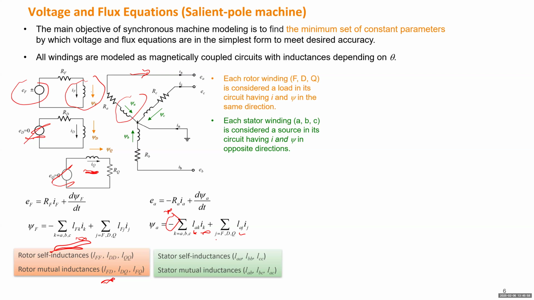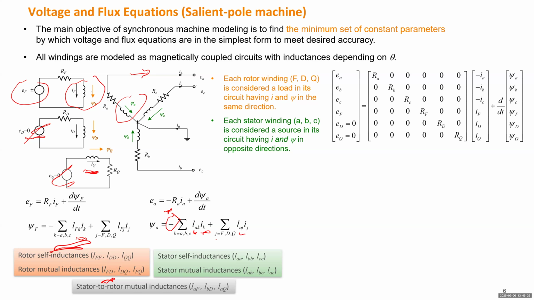Like LAA means the self-inductance of winding A. LAB means the mutual inductance between winding A and winding B. So lastly, we have stator-to-rotor mutual inductances. Each L also has two subscripts, the first from a stator winding, the second from a rotor winding. So those are all the combinations we have.